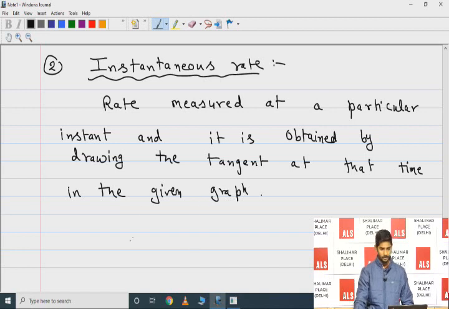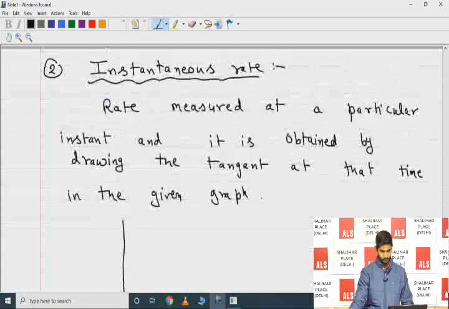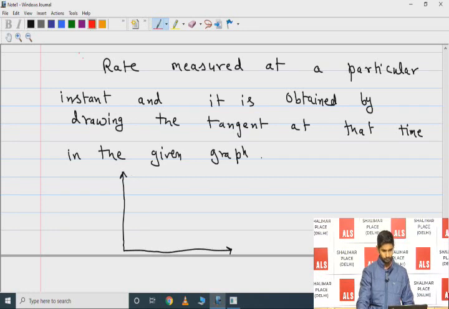Okay, look at this. Let's suppose this is your curve for the reactant.